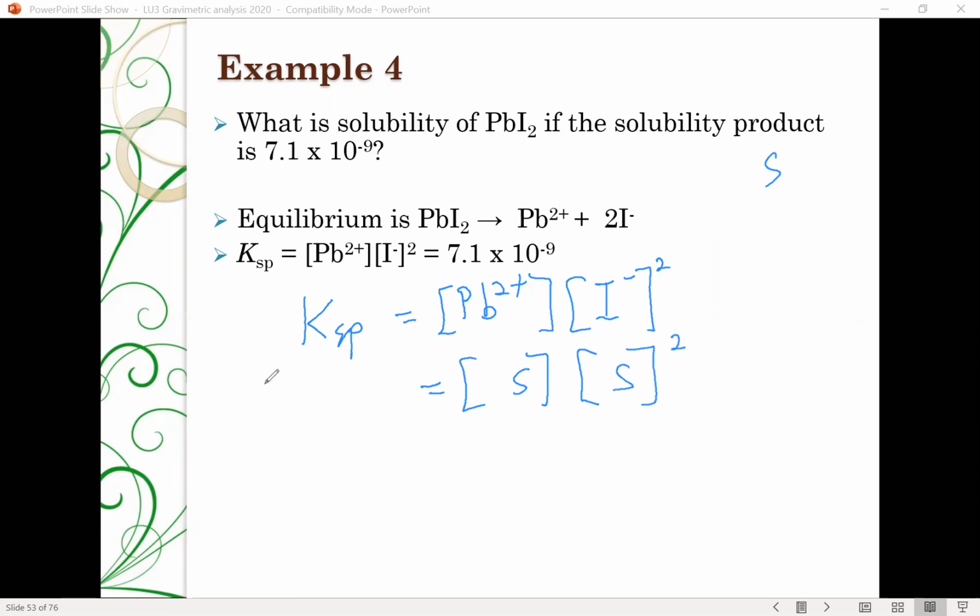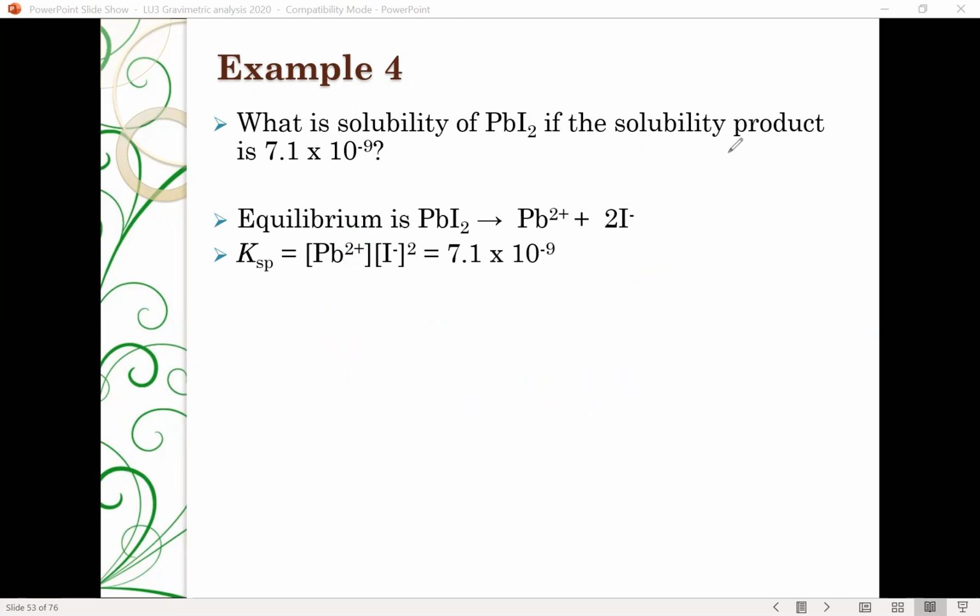So Ksp here is 7.1 times 10 to the power of negative 9. How do we solve this problem? If we look here, we have Pb2+. So how do we go with the S? Let's go to the next slide.